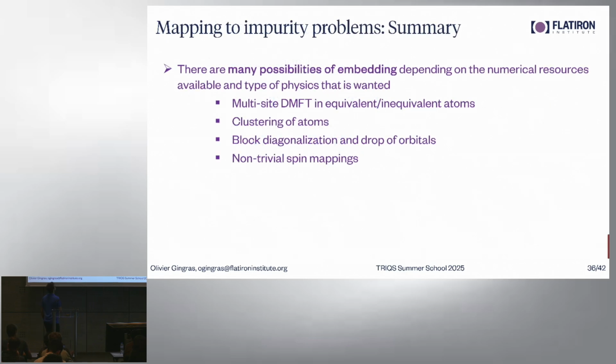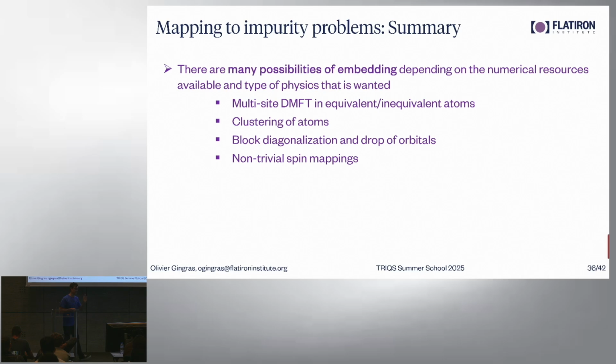Okay, so just to summarize this part, again, there are many possibilities of embedding. That's where you are important. When you do this calculation, you are the brain. You're the one choosing what is the relevant physics and what should actually be put forward, in order to make the calculations not only physically interesting but also numerically possible, right?